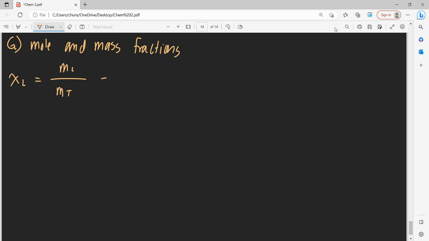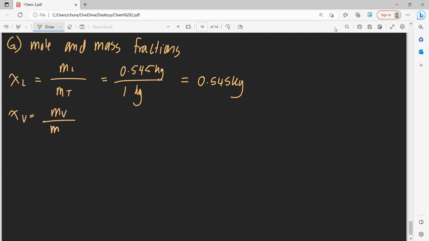So this is just 1 kilogram total, and we found the liquid to be 0.545 kilograms. For our vapor, mass of our vapor over total mass, that's 0.454 kilograms over 1 kilogram, and that's 0.454. Sorry, not kilograms, because this is a ratio, so it will not have any units.